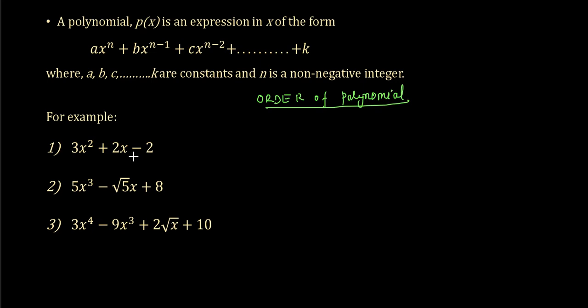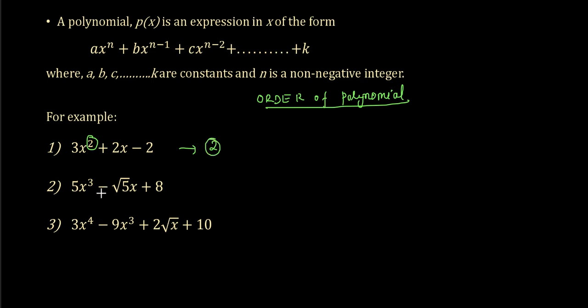If you are talking in terms of polynomial, we will look at the variable only. We do not worry about the constant. If I am saying the highest power of the term, that means we are interested in finding out the power of the variable. It is by default understood. So this is 3x square, this is 1 and this is 0, so highest power is 2. So that will be your order of the polynomial. Here the order is 2.